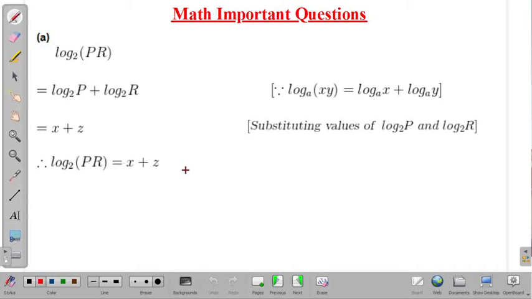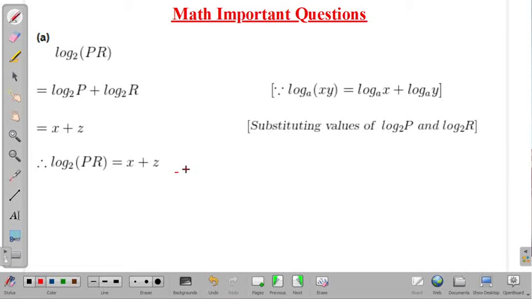So log of PR can be written as log P plus log R. And we know that log P is given as X and log R is given as Z. So substituting these values, we will get log of PR equal to X plus Z.